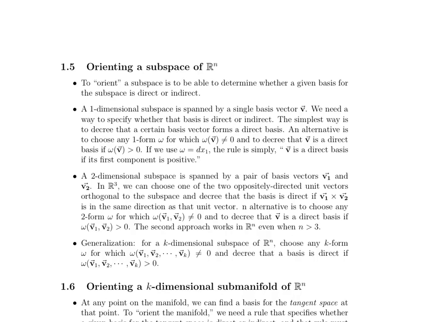And we'll decree that a basis is direct if that k form returns a positive number acting on our basis all the time, and a basis is indirect if it returns a negative number consistently on our basis vectors. We'll be doing several examples in class where we're given a form and given a basis and told, okay, is this basis a direct or indirect basis for this particular subspace given this form?